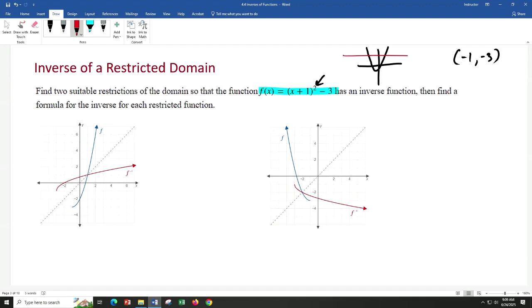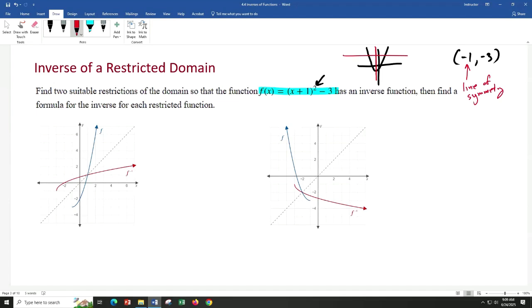I know my inverse is here. But look at this. That's where my parabola is, right? Isn't this my line of symmetry? Remember that from back in the day? Well, if I restrict the domain, that's what's happening here.